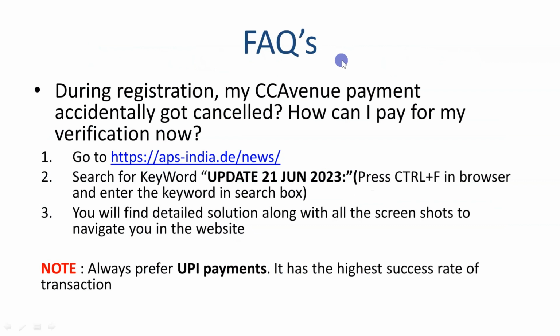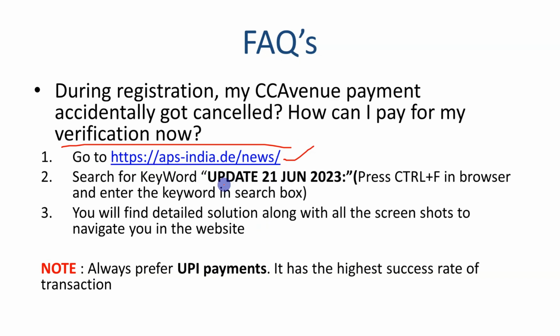And another frequently asked question: during the registration process, my CC Avenue payment accidentally got cancelled, so how can I pay for my verification now? This happens very often, so don't panic if it happens to you. The resolution for this problem is provided on the APS website itself. Go to this link.